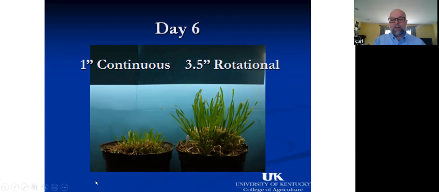On the continuous grazing, where it was grazed down low, where you don't leave a lot of leaf area and it's not allowed to recover properly, sure, you get some regrowth, but it's pretty small compared to the rotational grazing, where you've got much more growth in the same span of time due to leaving more leaf area. So you can start that photosynthetic activity sooner, and you've got a good reserve of carbohydrates in that root system to fuel that early regrowth.